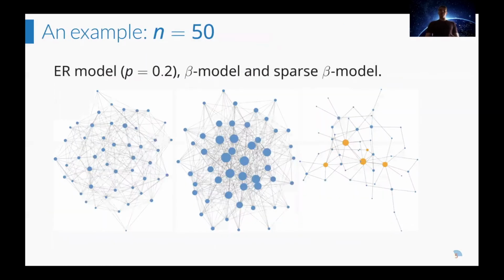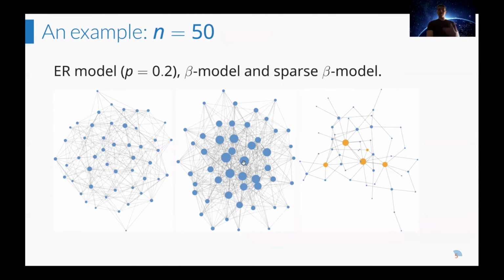Here I have a few network realizations to give you a conceptual idea of what this might look like. On the left, we have the Erdős-Rényi model, for which a sparse theory exists, but in which each node has more or less the same degree as indicated by the size of these little dots.